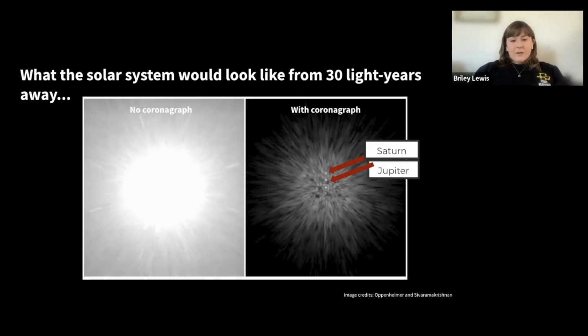And then with a perfect coronagraph, you'd be able to see things like Saturn and Jupiter clearly showing up as little dots. So blocking out the sun is the difference between seeing nothing and clearly seeing Saturn and Jupiter. This is a huge part of our systems, the coronagraph.